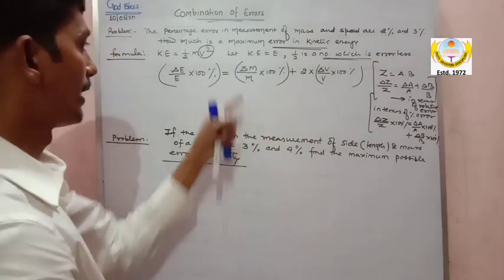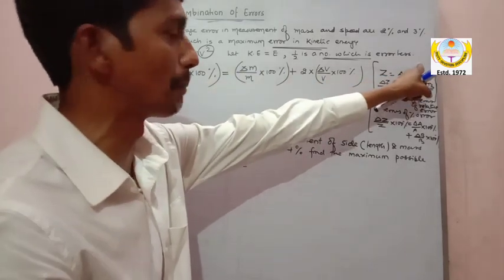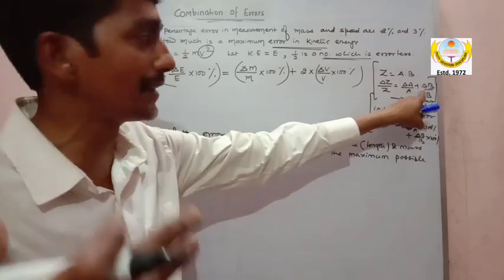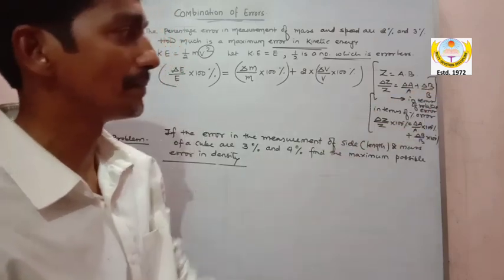I hope it is clear. And now it is with power also. If there is a power on B, this power gets multiplied with delta B by B, as in my last topic, my last theory.